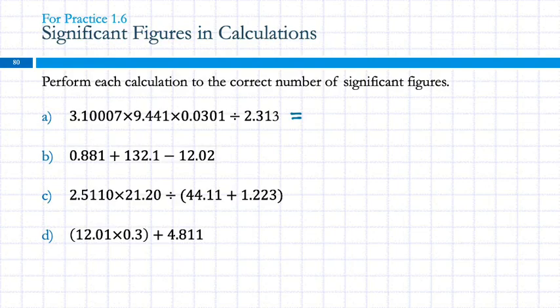So I've got 0 point, that one doesn't count, 380. There's my 3 sig figs. And then I'm just going to write down the next 2 digits, 87. That 7, I don't even have to worry about rounding, just write it down. Now I'm going to look at this number and round it for my final answer. So what should the final answer be? 0.381.